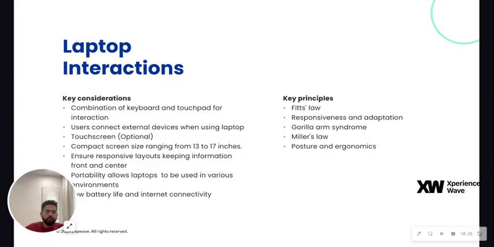Next, let's look at laptop interactions, where the primary interaction mode is keyboard and touchpad. Most laptop users rely upon a combination of keyboard and touchpad for interaction. What this does is make navigation, typing, and precision rather easy, but it also has limitations in comparison with desktop systems.